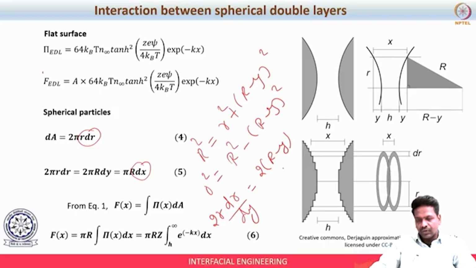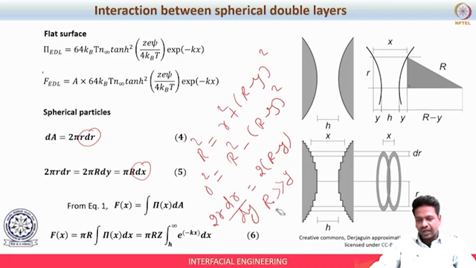So, remember, we are going to make an assumption which is also valid in many cases. The capital R is much larger than the y. It is true in many cases, because the length scale of the radius will be larger than the dimension of y.